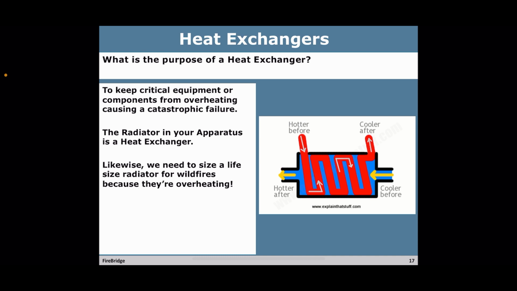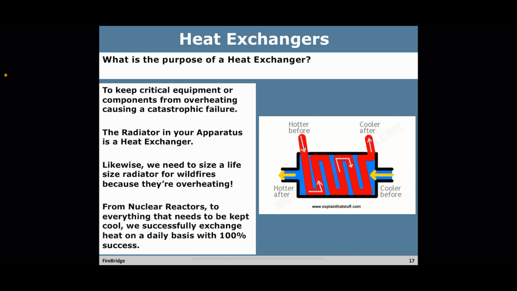Likewise, we need to size a life-size radiator for wildfires because they're overheating. From nuclear reactors to everything that needs to be kept cool, we successfully exchange heat on a daily basis with 100% success. So if you can keep nuclear reactors cool, I'm quite sure you can size the amount of cooling required for a wildland fire.